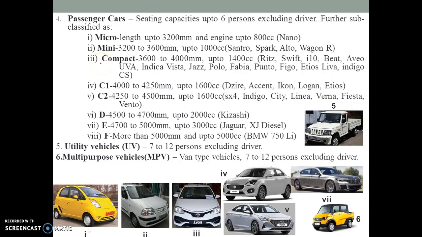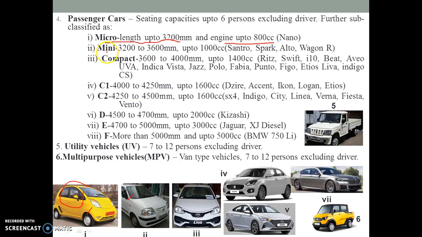There are a number of passenger cars we observe in day-to-day life. These are classified in different terms: micro, mini, compact, C1, C2, D, E, F, and then utility vehicles and multi-purpose vehicles. Generally, micro vehicles have a very short length, like 3200 mm, and an engine up to 800 cc.